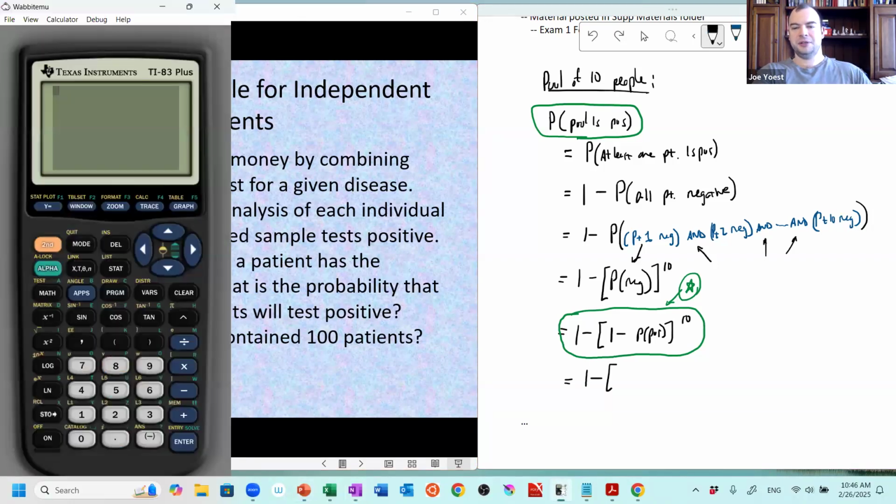So 1 minus 1 in 1,000 is 999 over 1,000. And let's be careful with our order of operations here. I got 1 minus, parentheses, 999 out of 1,000, and then to the power, using the caret symbol above the divide sign, to the power 10.